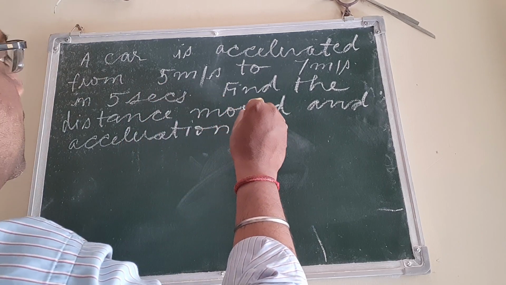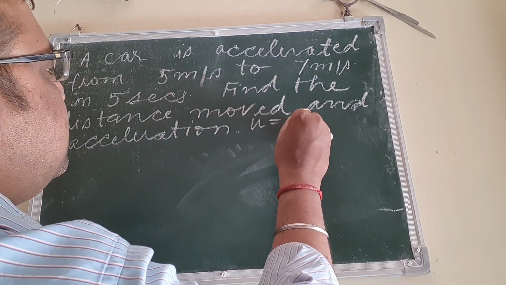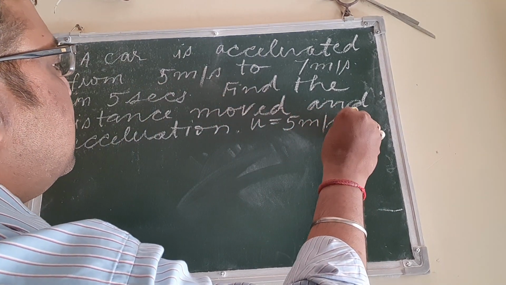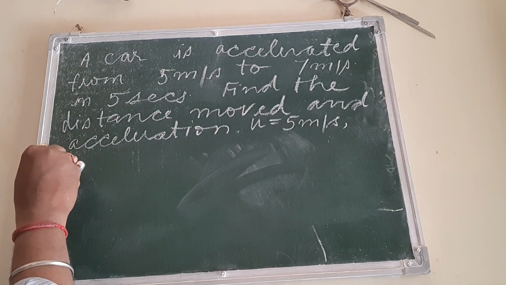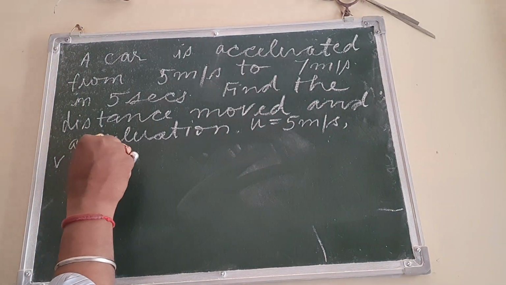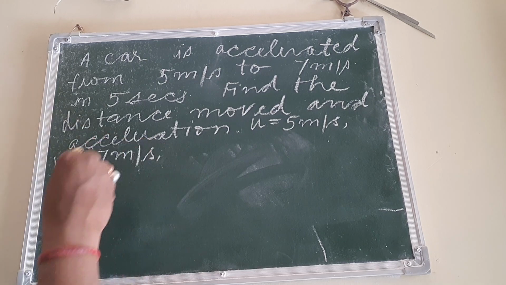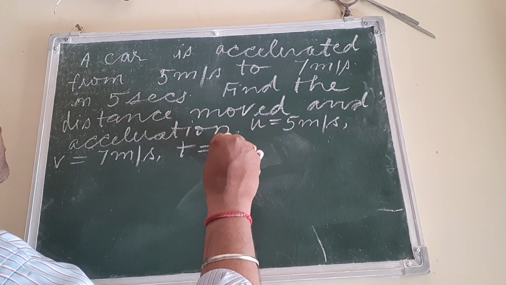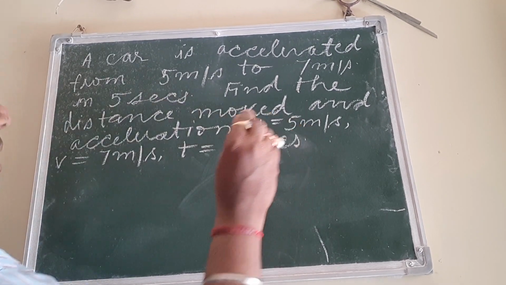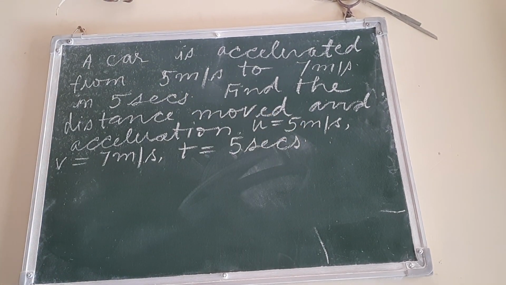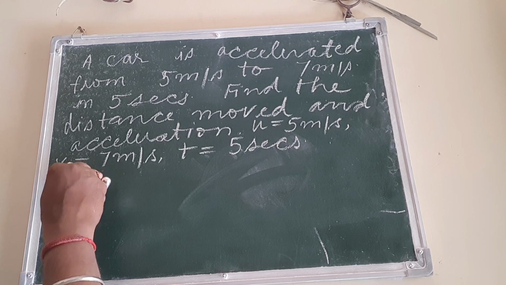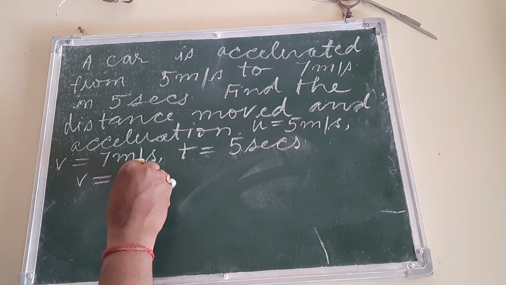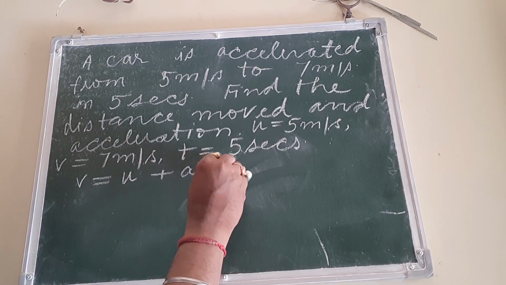So here the initial velocity is 5 meters per second. V is 7 meters per second, the final velocity. Time is 5 seconds. So we are applying the first equation of motion, v is equal to u plus at.